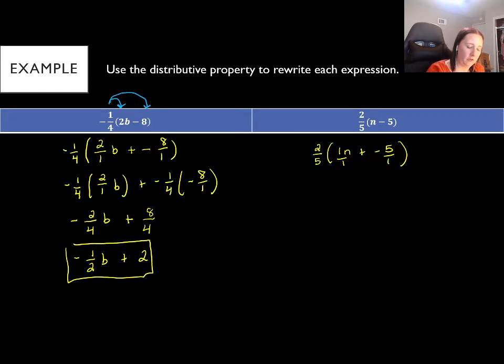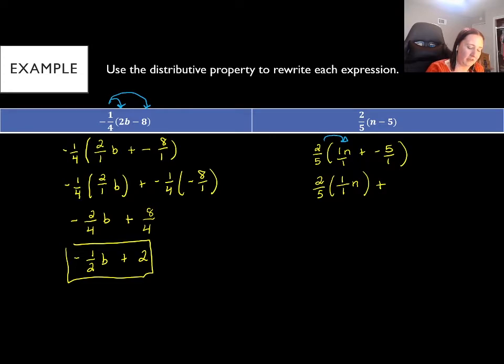So when we distribute, I'm going to take the positive 2/5 and multiply it by 1/1 n. And it's just going to give us 2/5. So that's something that you can do in your head, but I'm just going to write every step here so that you can see that pattern.